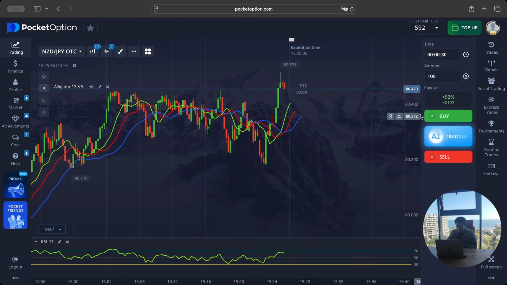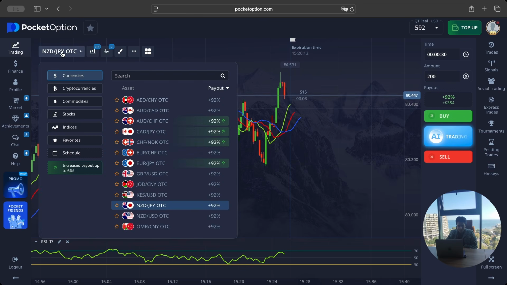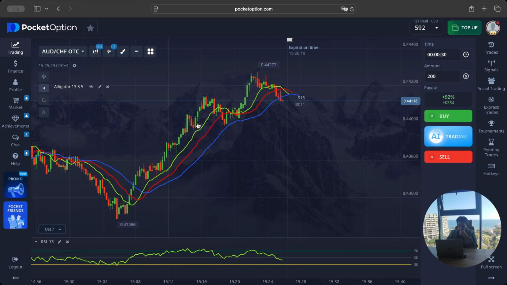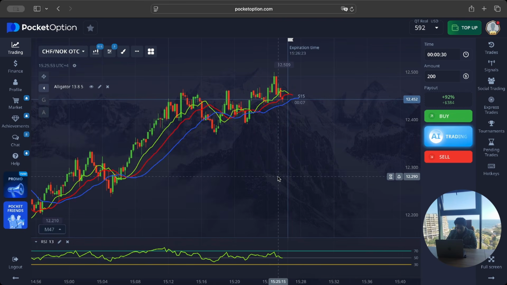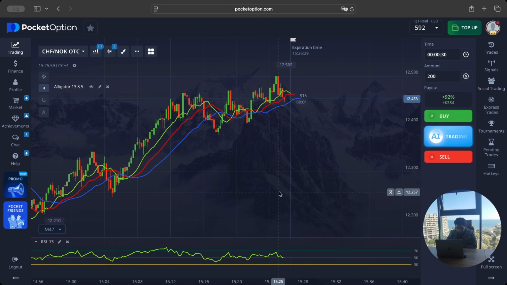Let's take an upward trade for $200 now, and we will check the strategy step by step. Here it's feasible. Here, as you can see, there was a dip on the timer.